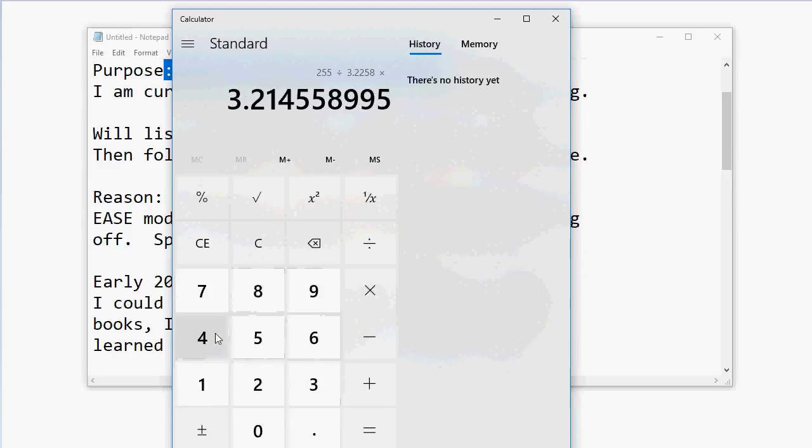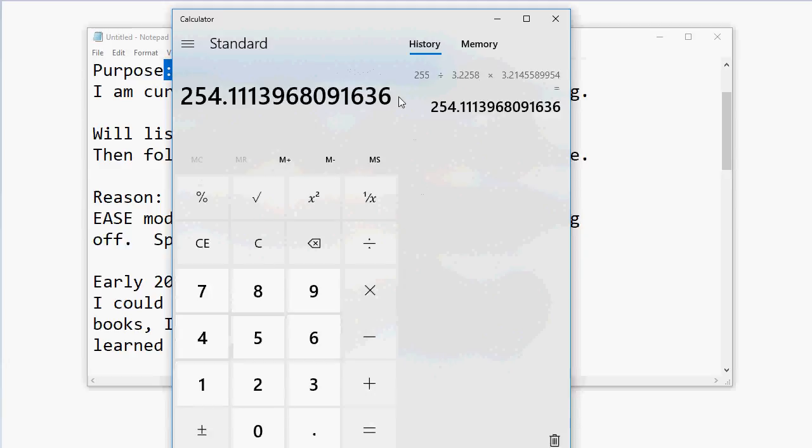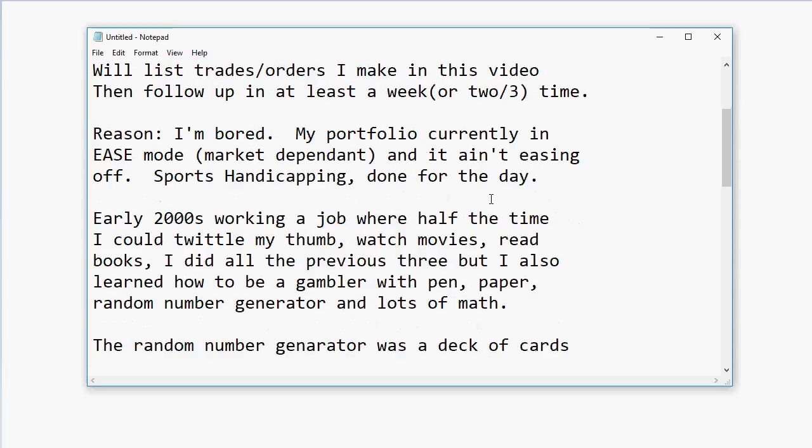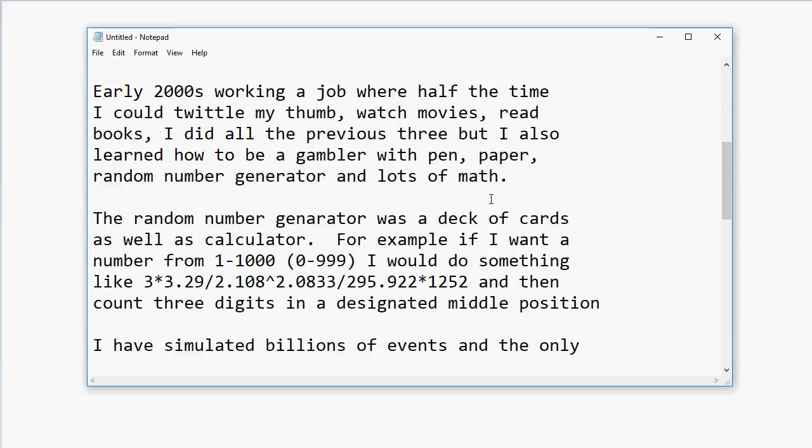I won't count the last two decimals. So the random number is 916. So I did a lot of things of that nature back in the day, and I was able to get very creative, of course, within a lot of simulations.